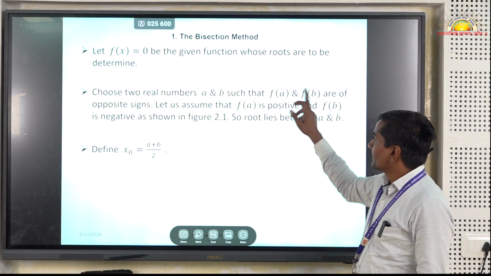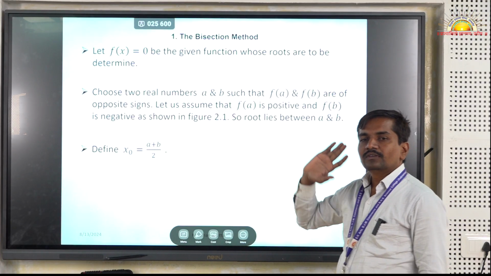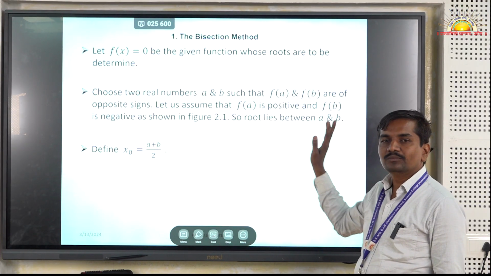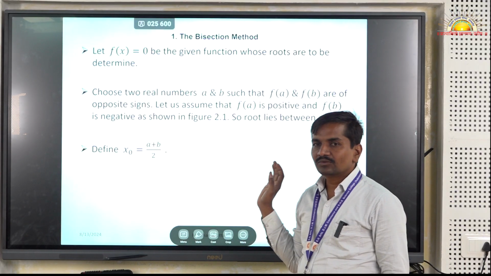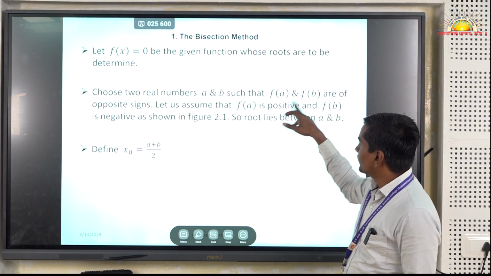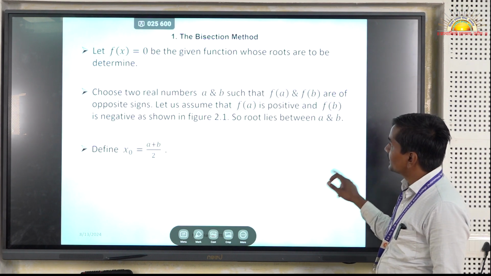That means f of a into f of b, the product of f of a and f of b, is negative.